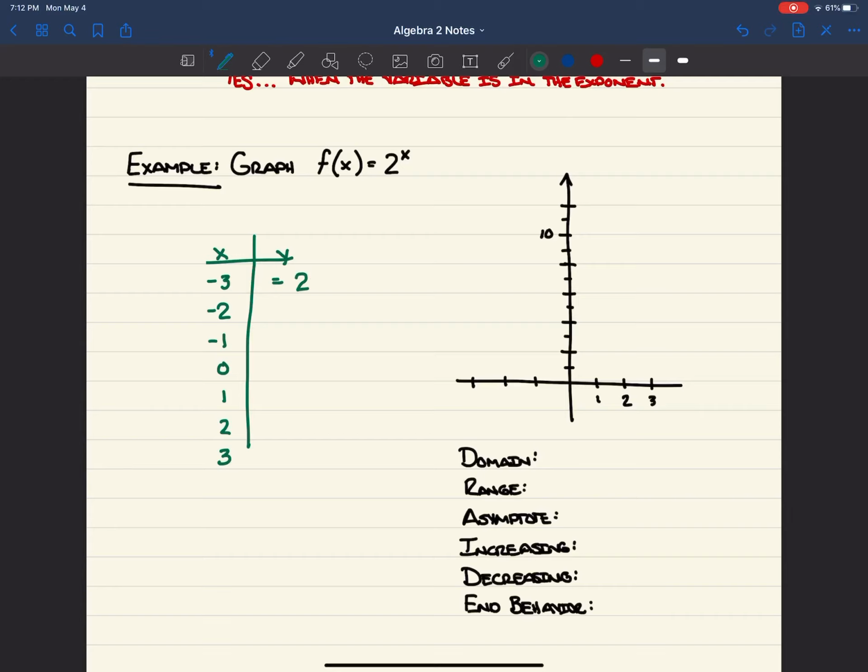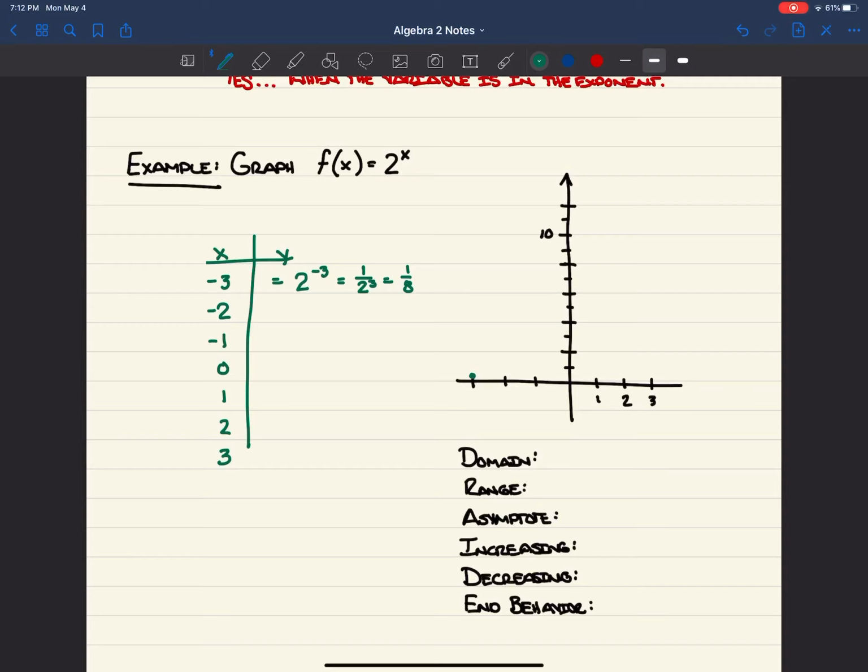Here we'd have 2 to the power of -3 because I'm plugging -3 in for x. If we review back a couple weeks, we know that negative exponents move things down to the denominator. So this would be 1 over 2 cubed, which simplifies to 1/8. We could plot this point at -3, approximating, maybe right about there is 1/8.